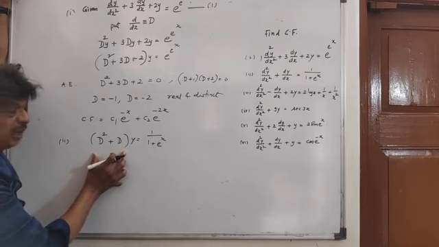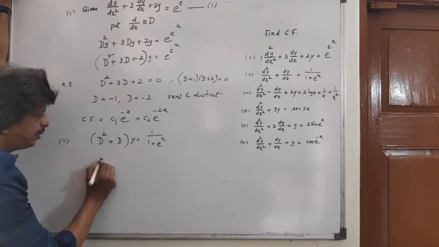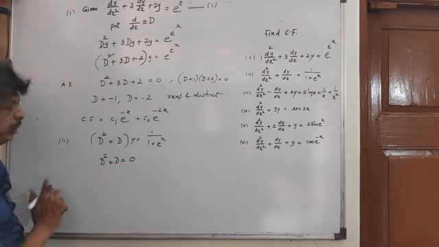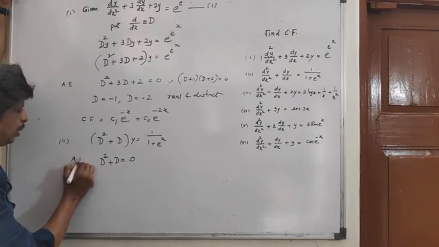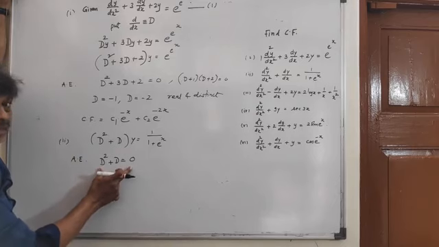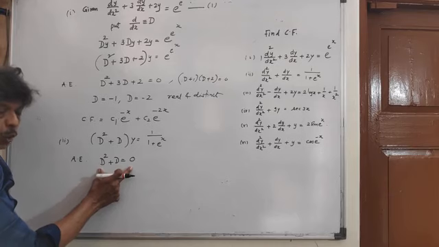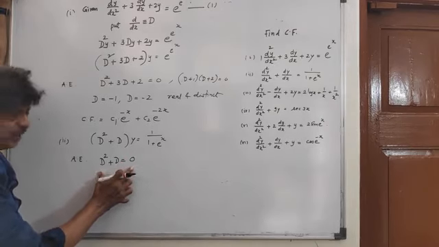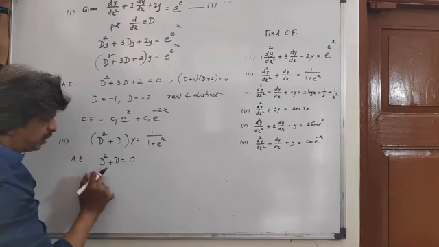So what is the auxiliary equation over here? D² + D = 0. This is nothing but your auxiliary equation. Now, again this is a quadratic equation, a second degree equation, it has two roots. What are the roots of this equation? It is very easy.